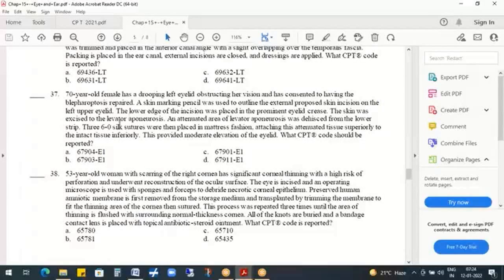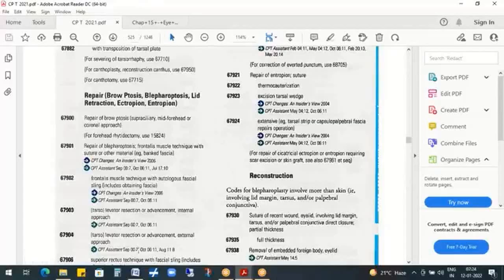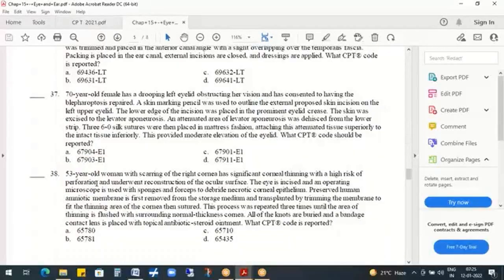You can see excise levator aponeurosis, attenuated area, lower strip, the lower edge excision of left upper eyelid. Does this all come under 67904 or not? Internal approach or external approach? What is going on, 903 or 904? In that one will be your answer. It's 903, I got 903.